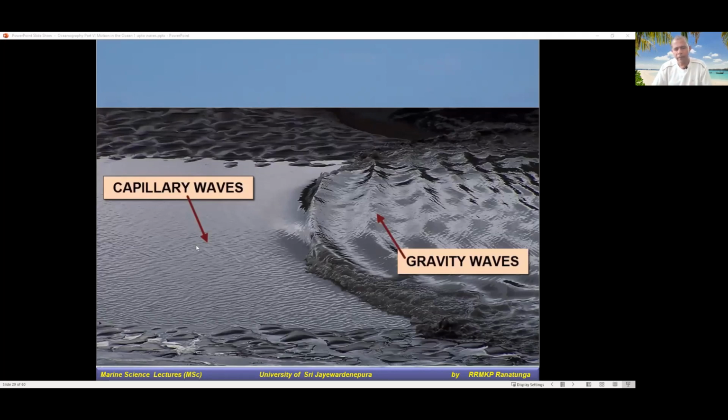Now what happens? If the wind is still blowing, the surface is not smooth like before, it is a bit rough. The wind's effect on this rough surface is higher than on the smooth surface.